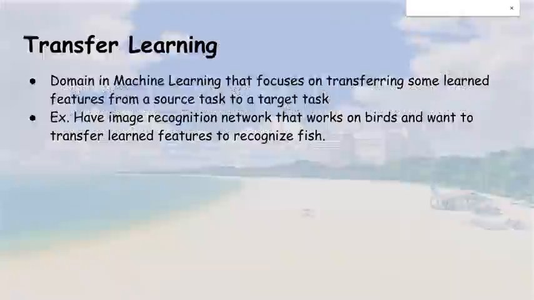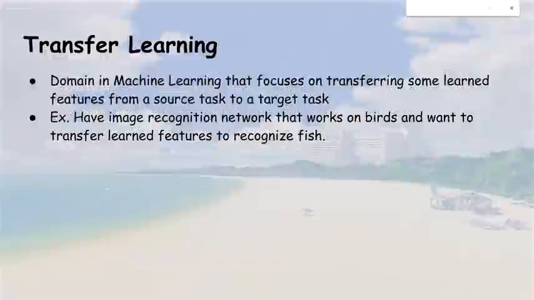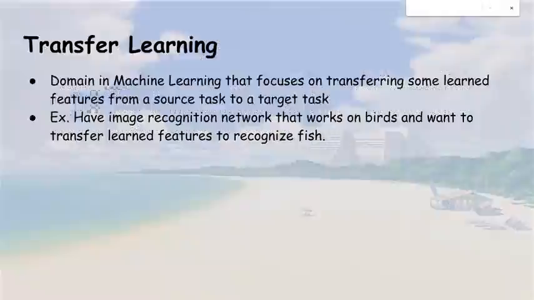Transfer learning is a specialized area of research in the machine learning field that is concerned with preserving learned features from some source task and moving them over to a target task.